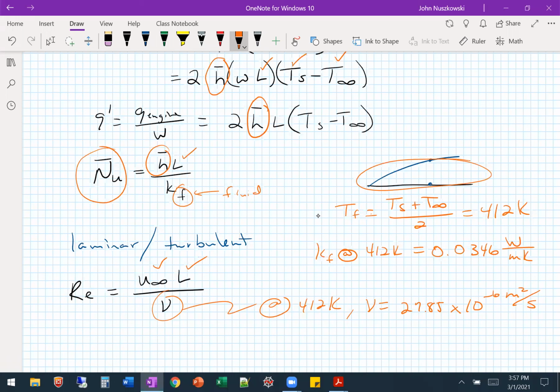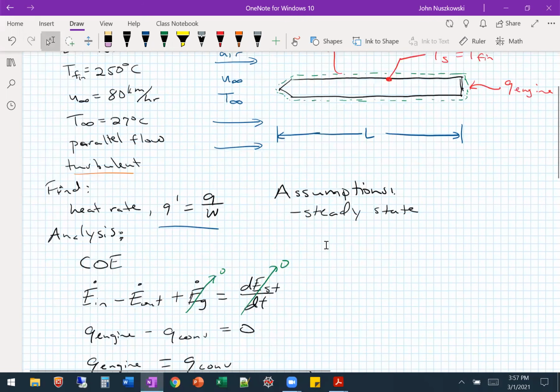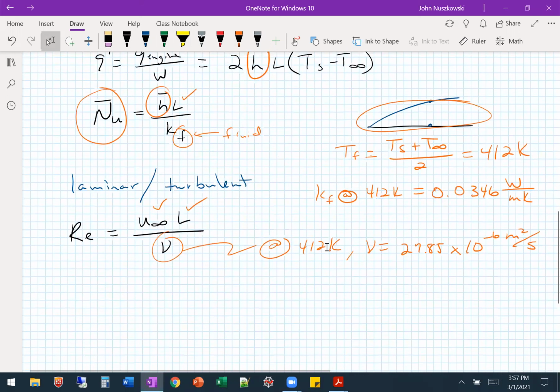All right, so I didn't calculate this. It also told us it was turbulent, is one thing. Most problems don't, but we know we're going to get a value, and it's going to tell us typically whether it's laminar or turbulent. And in this case, it's going to say we're going to get a value that's turbulent. Okay. All right, so now we know we're turbulent.